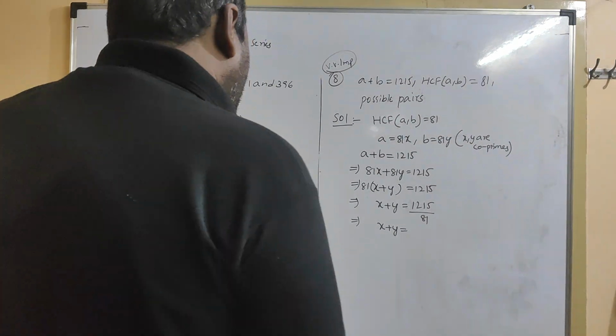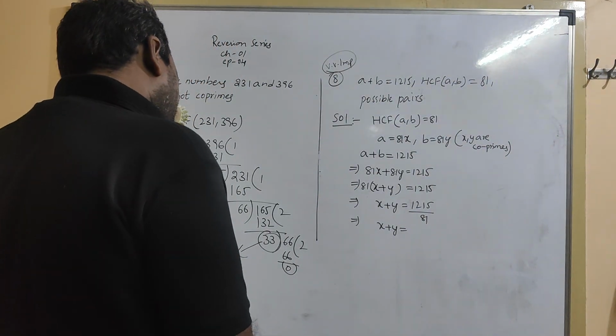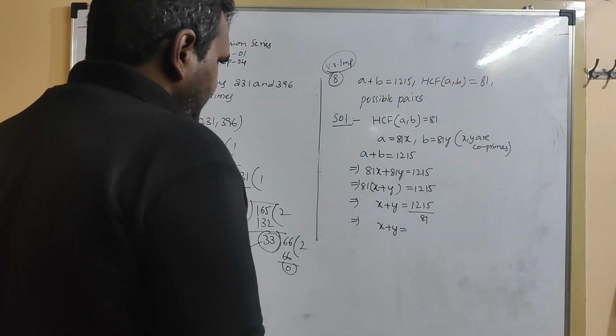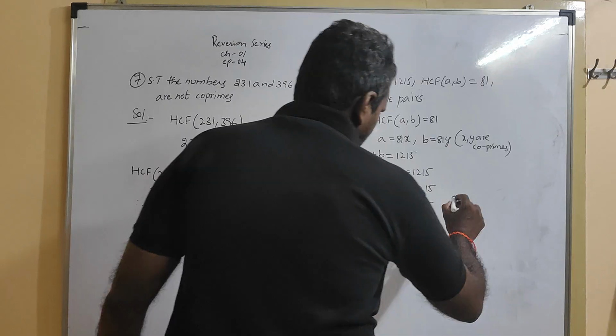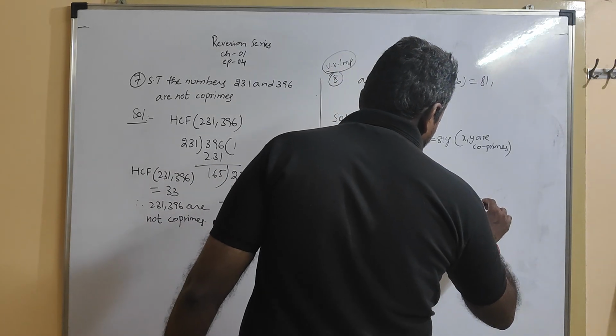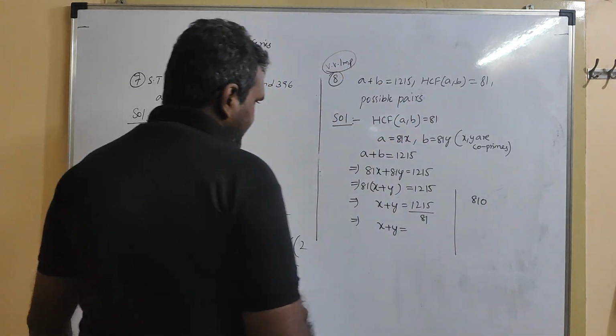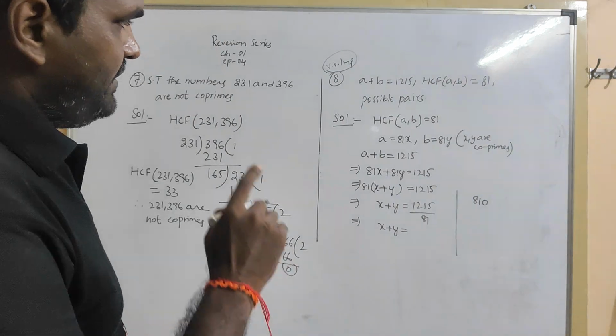81 table it will go or not? 81 tens is 810. And what is remaining? 215 is remaining.